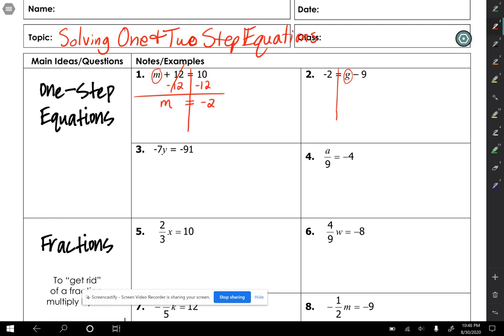So on both sides of the equation, to get this minus 9 to go away, I want to add 9 because adding 9 is the opposite of the subtraction. Okay? So working from left to right, negative 2 plus 9 is positive 7 equals, I still have my g, and the negative 9 and the positive 9 cancel each other out. So my final answer is 7 equals g. Okay.